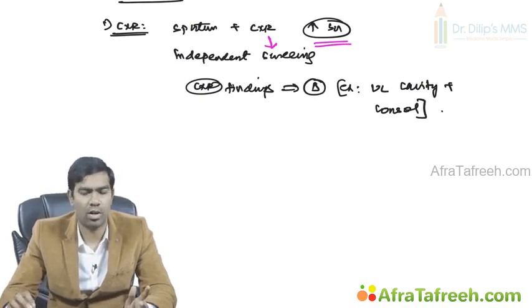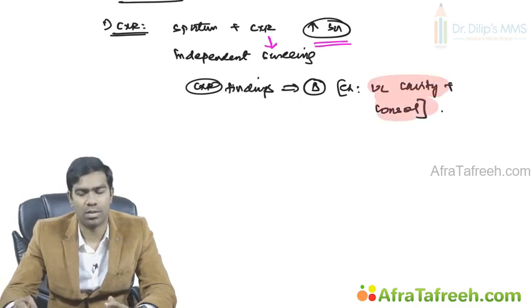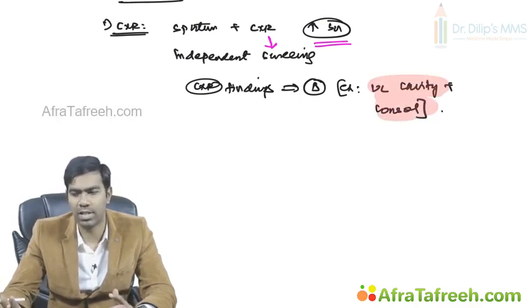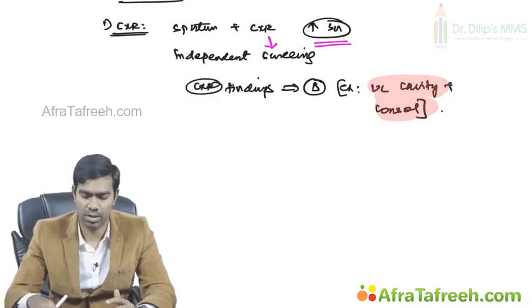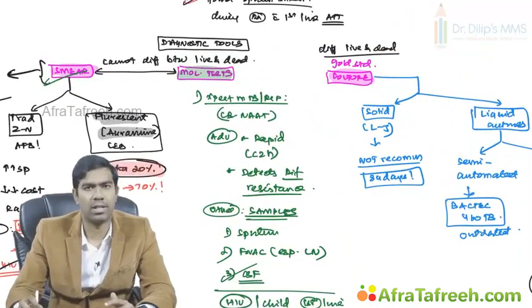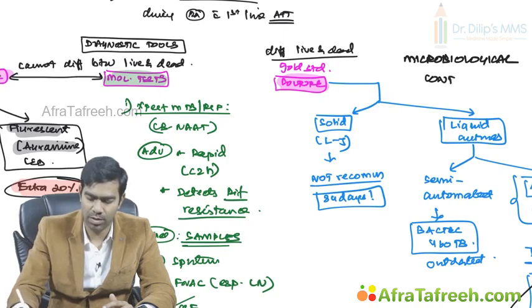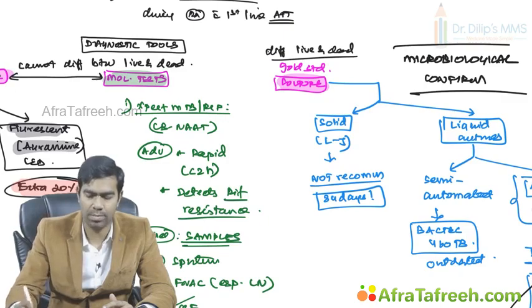Especially if they have a history of contact with TB, this finding itself may sometimes be taken as confirmatory for tuberculosis. Remember, all these three tests, smear, molecular test and culture, all do microbiological confirmation, which means you have microbiologically confirmed that the bacteria is present.